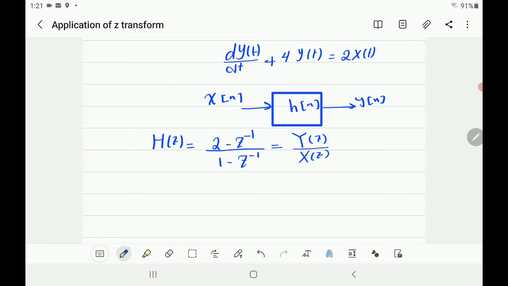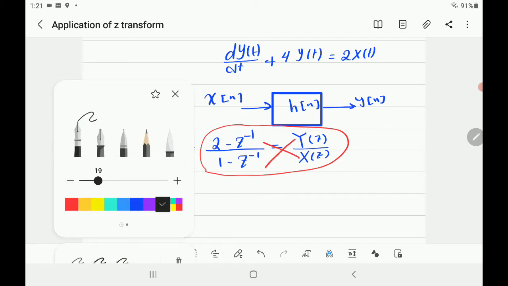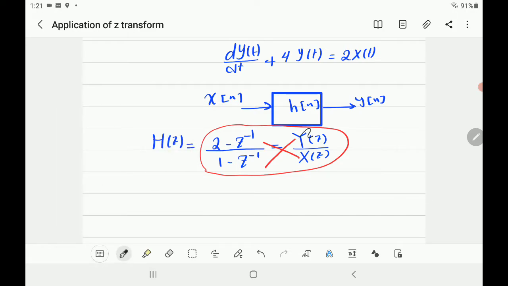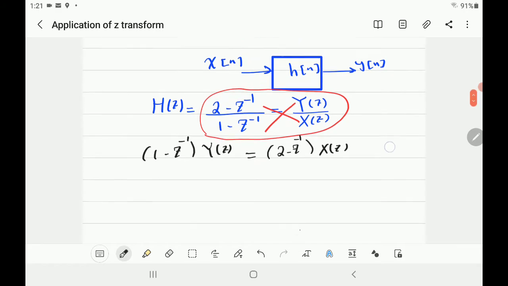From this relationship, we can find the relationship between y and x. How will we do that? Just cross multiplying. So you will say that y of z multiplied by 1 minus z to the power minus 1 is equal to x of z multiplied by 2 minus z to the power negative 1.